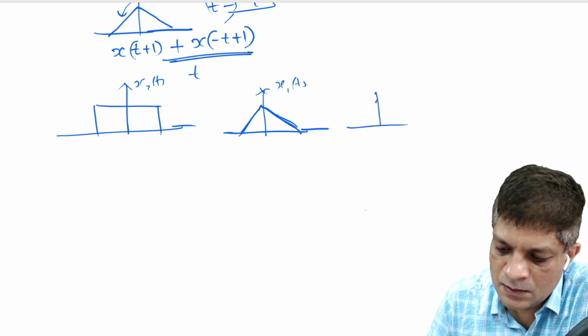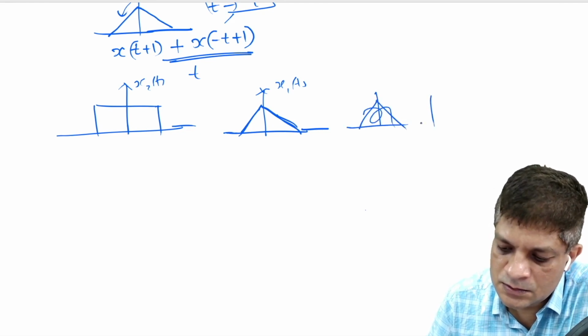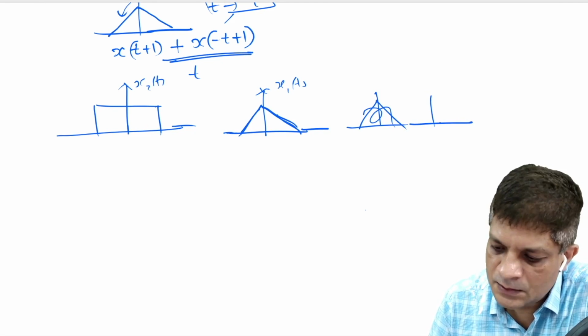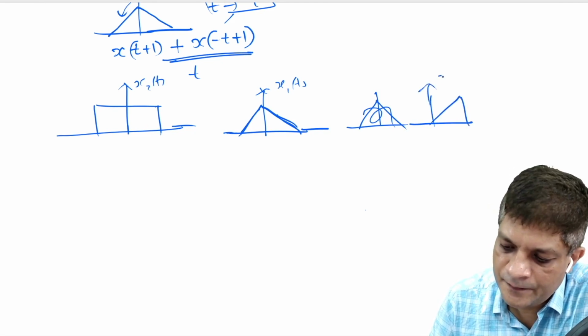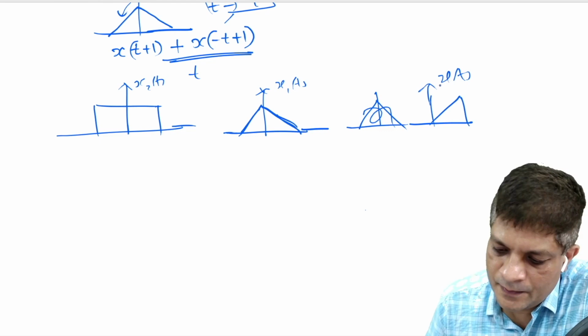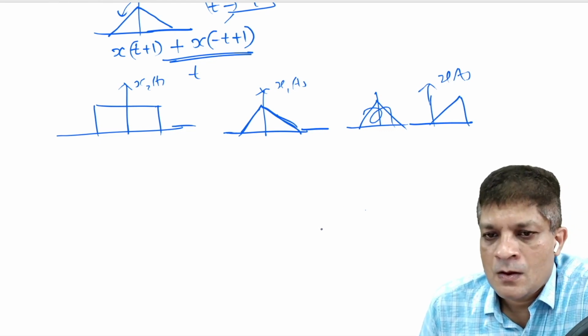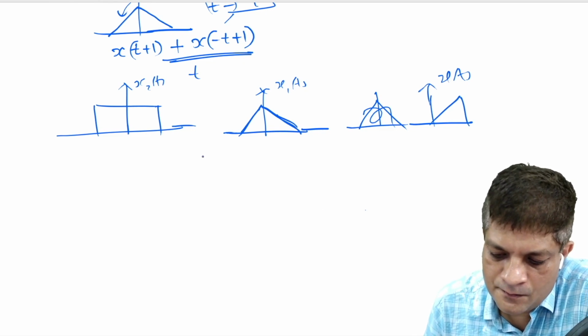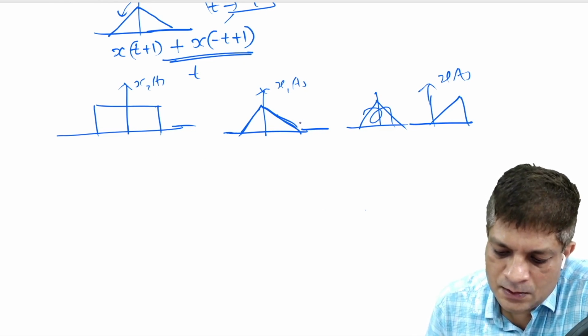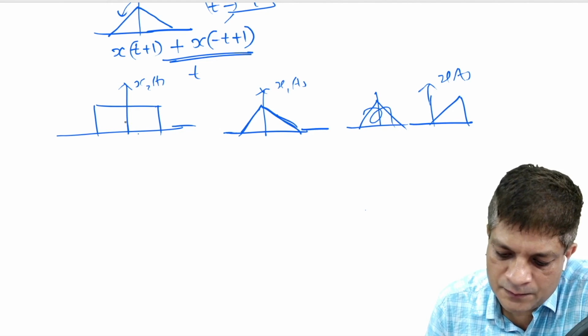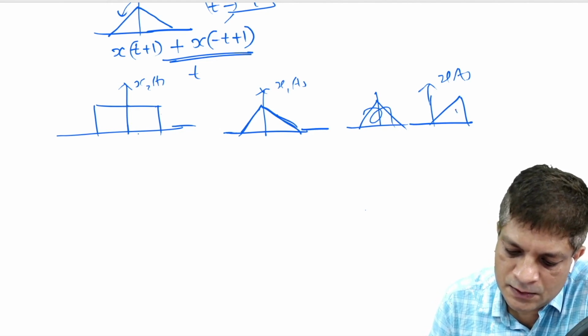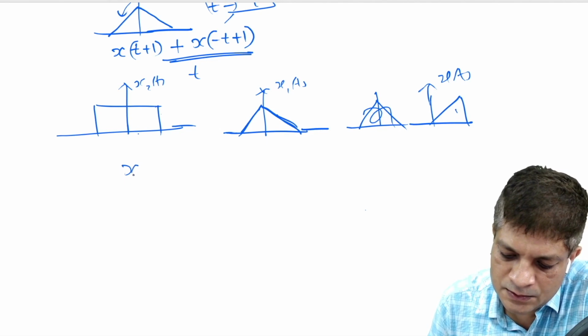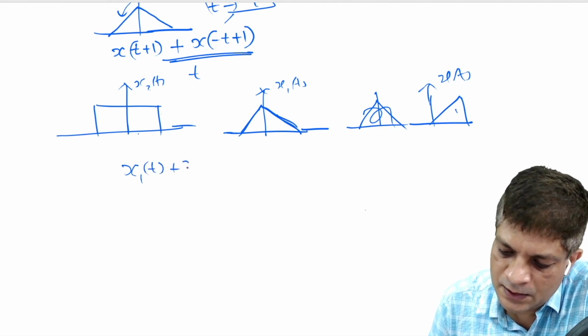This is x(t). It will be x1(t) plus x(t) plus x(-t). For getting this, if you add this, you will get the constant term. So it is x1(t) plus x(t).